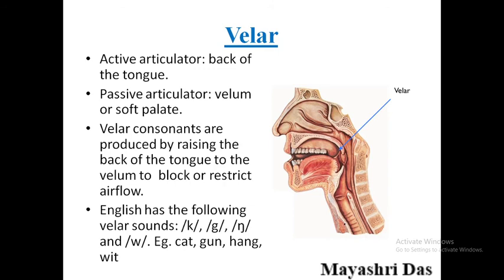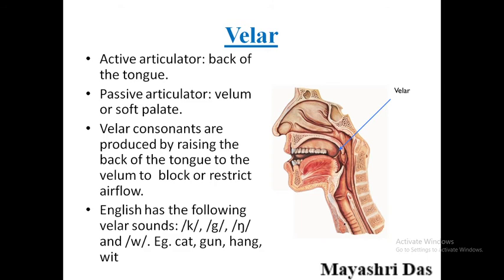Next one is velar sound. Velar sounds are produced by raising the back of the tongue to the velum, which in general is known as the soft palate of the human oral cavity, or soft palate of the mouth, to block or restrict the airflow.